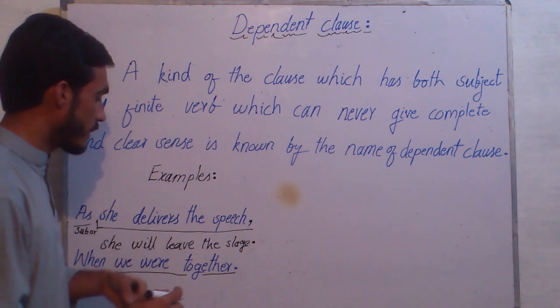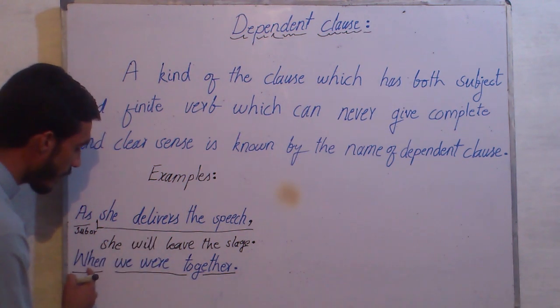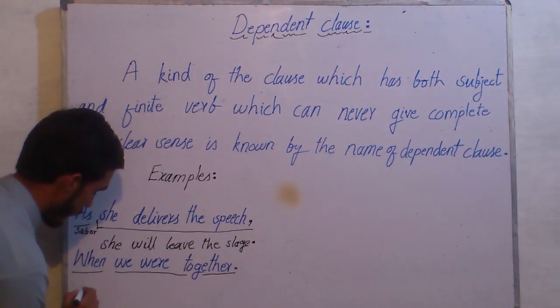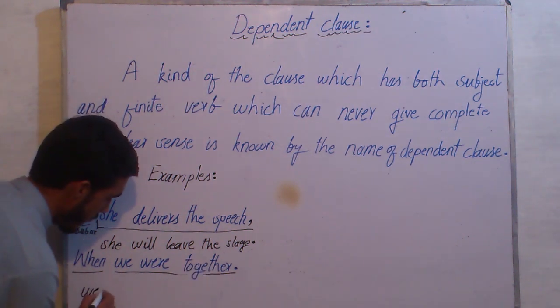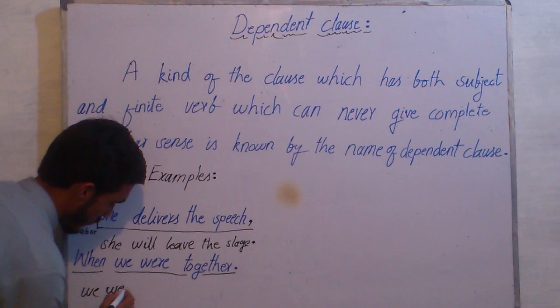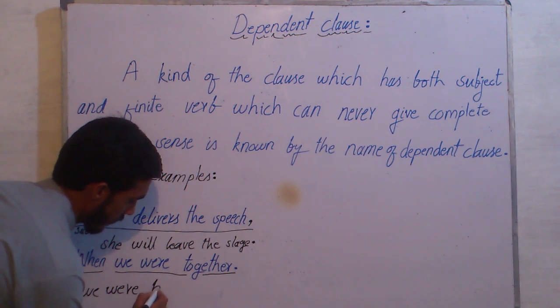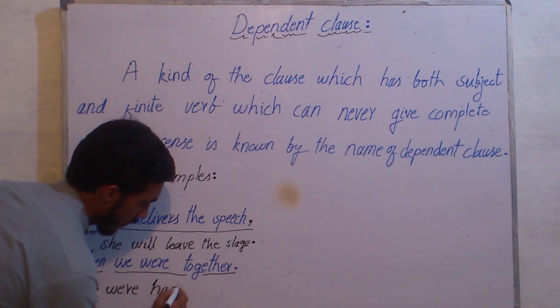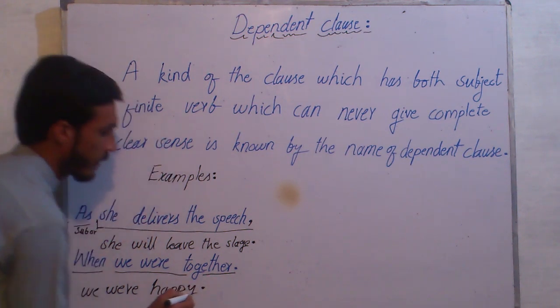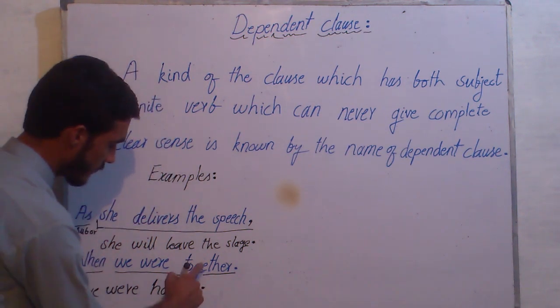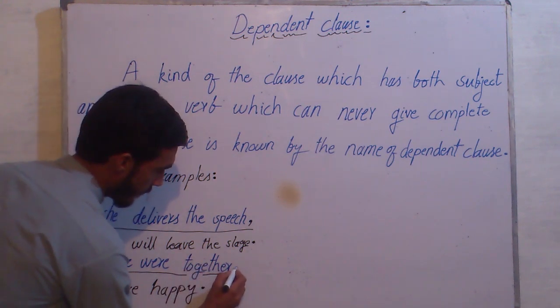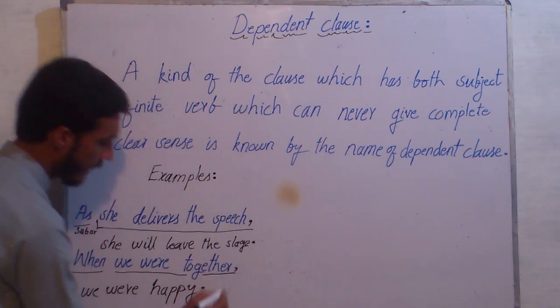Now let's put an independent clause with it. When we were together, we were happy. Then full stop. Remember, dependent clause in the starting, then comma, then independent clause, and full stop.